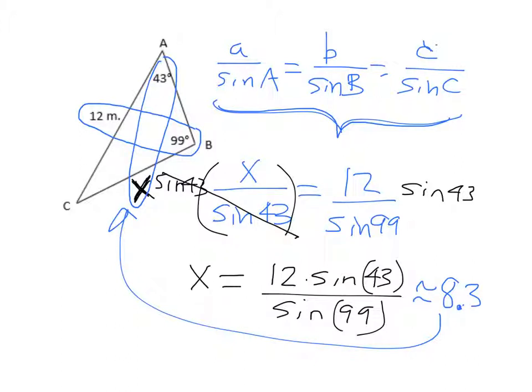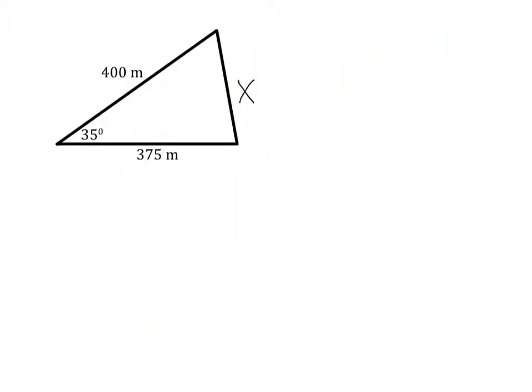All right, let's take a look at using another formula called the law of cosines. In this picture here, we are looking for a missing side.